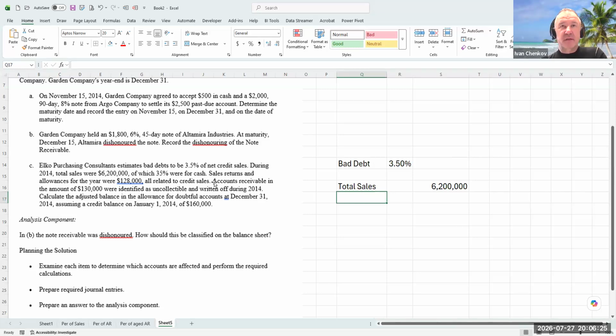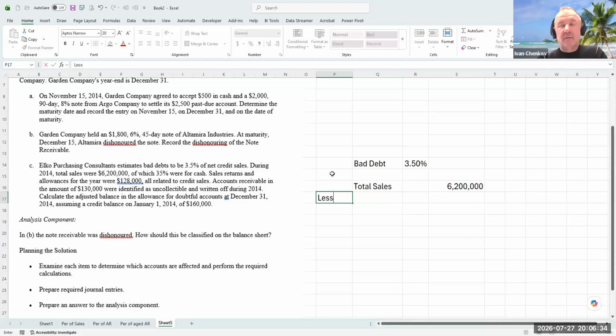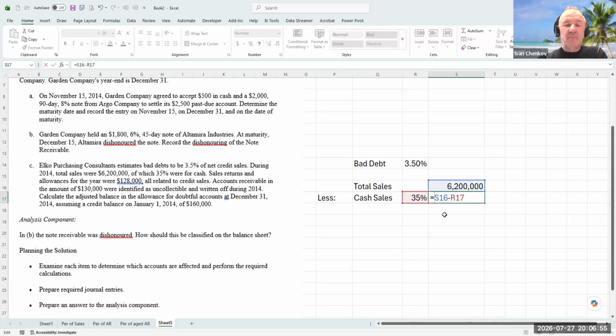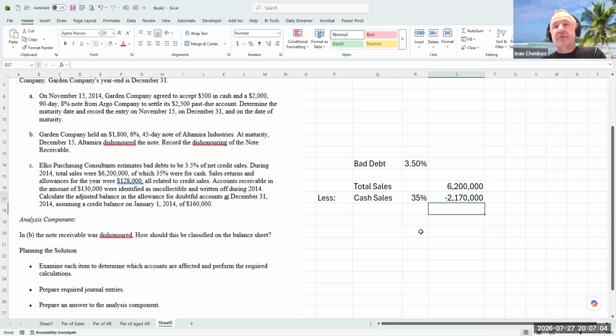Then we have 35% cash, so we're going to eliminate the cash sales, less cash sales, which are 35% of the sales. In the bracket we put that times 35%, and it is negative. So 2,170,000 is the cash sales.